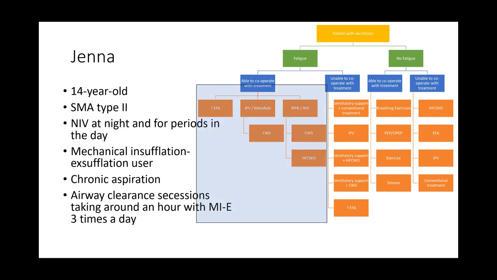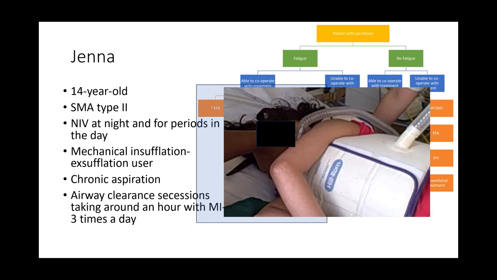So she's able to cooperate with treatment. And so we have these options. So in conjunction with ventilatory support, we tried high frequency chest wall oscillation, and that decreased her treatment times and meant that she had less time where she was doing physiotherapy and was clearing quicker and more effectively.